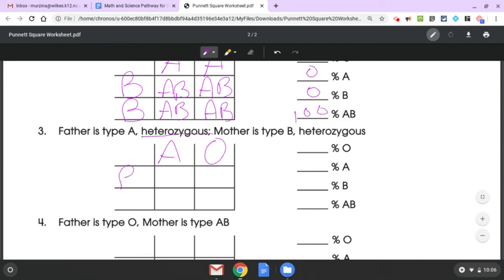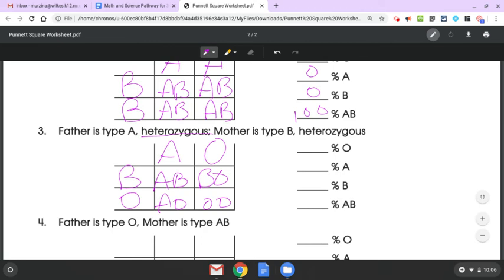It's going to be a big A and an O. So then we'll do the cross just like this. We'll do AB, and then O and O. If you'll notice over here on the side, there's not a BO blood type or an AO blood type. So it's only going to be for type A or B. The dominant trait will always win out.